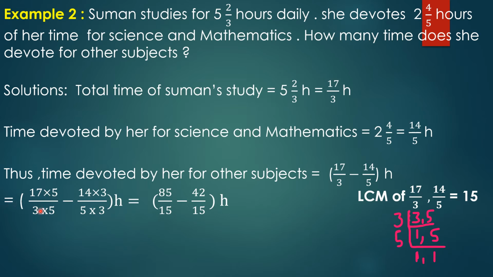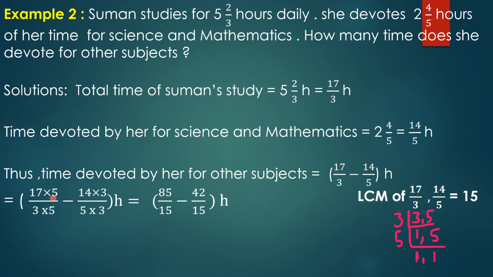So, 17/3 will become 17 into 5 divided by 3 into 5, because the denominator should be 15, that's why 3 should be multiplied by 5. When we are multiplying the denominator, the numerator also should be multiplied with the same number.